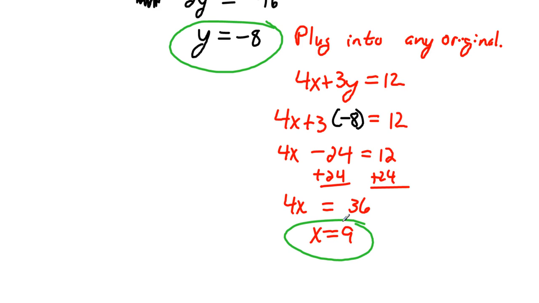Okay, so if they ask you to do addition, that's pretty much your two choices. Either you've got the right numbers with the different signs, or you've got the same signs with the same numbers, and you just need to go back and multiply one of the two equations by -1.